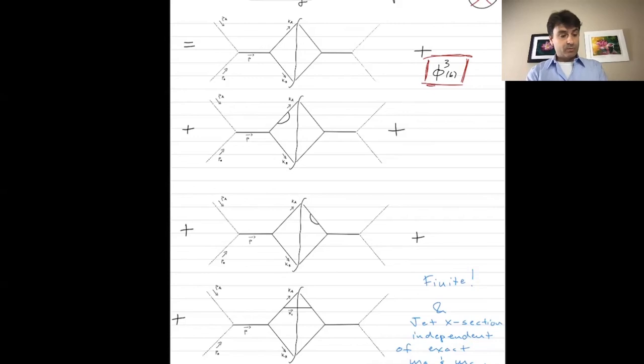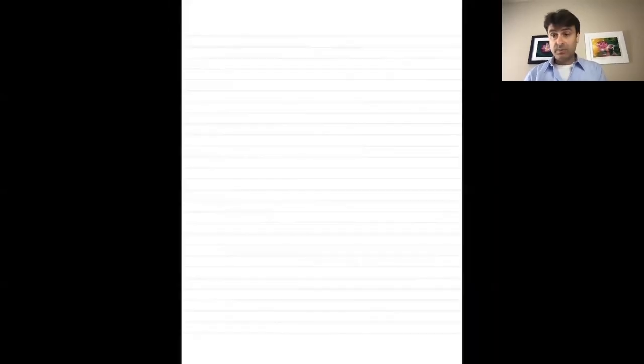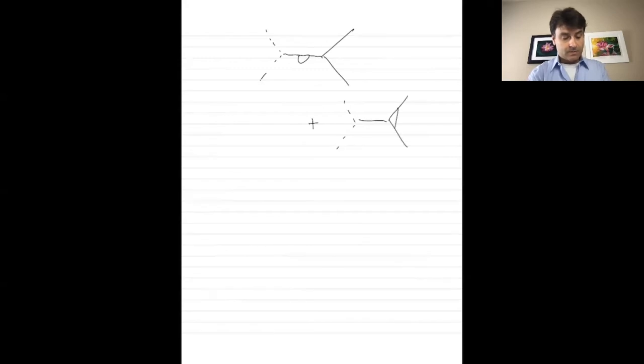Now remember, when we dealt with the phi cube theory in 6 dimensions, we talked about the asymptotic freedom, and we looked at graphs like, well, in this process, we would look at graphs like this. And this.